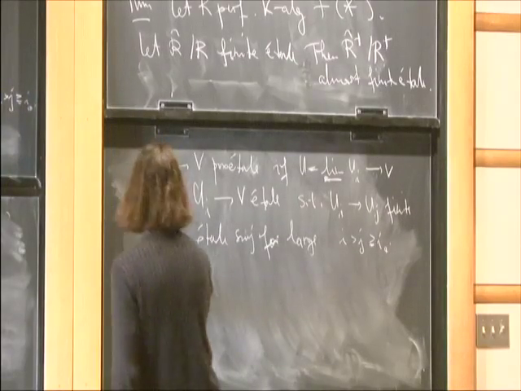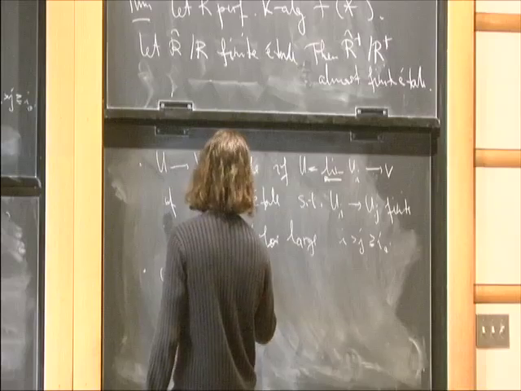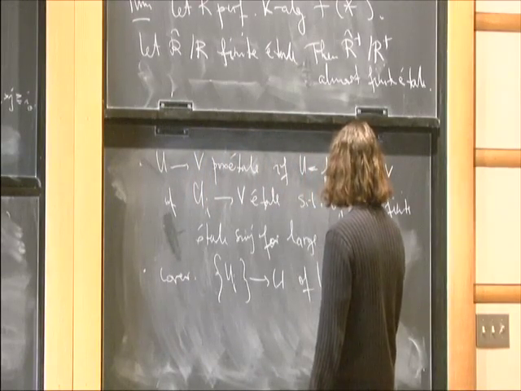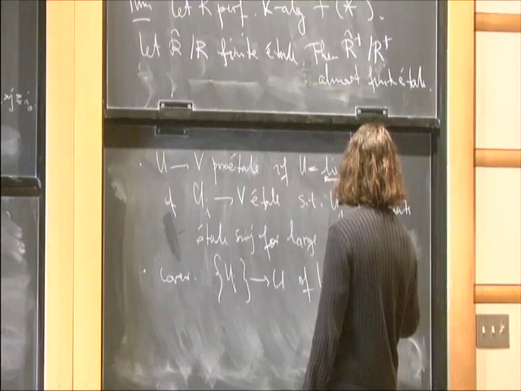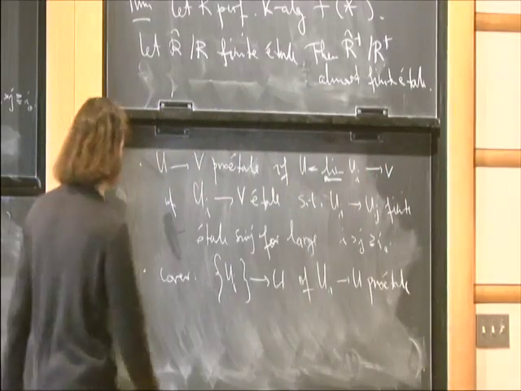And a covering is just a family of maps which are pro-étale, such that they cover in the topological sense.